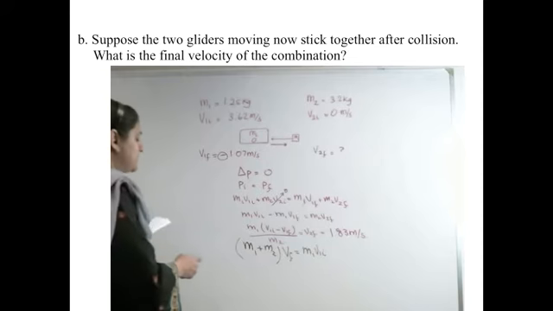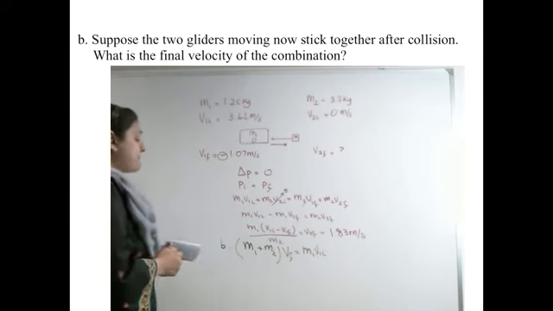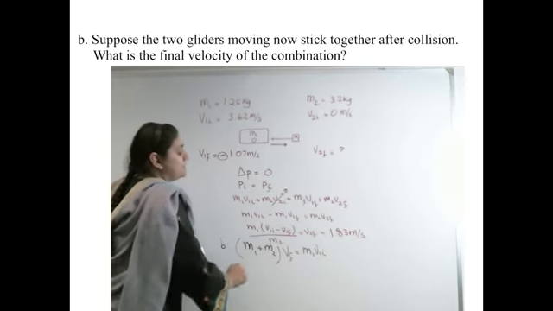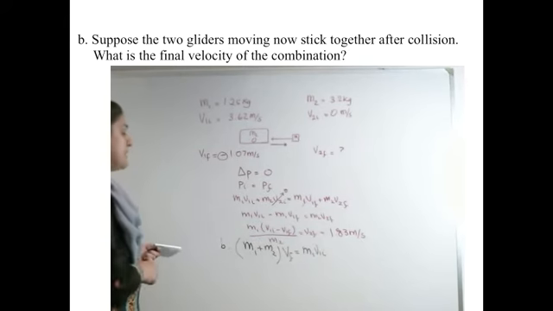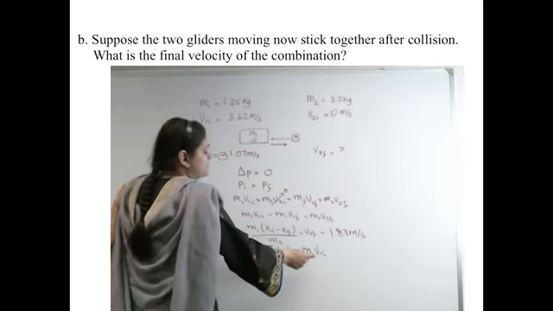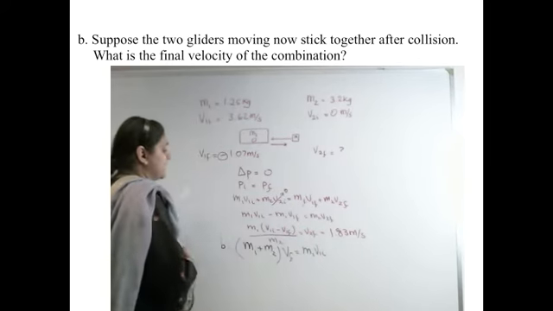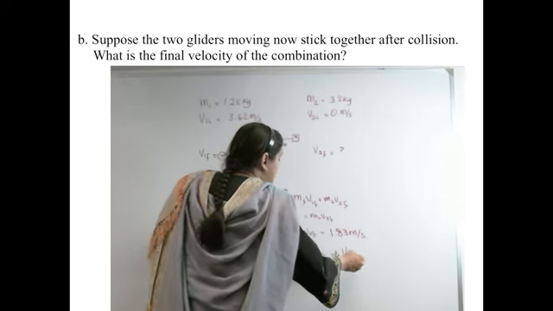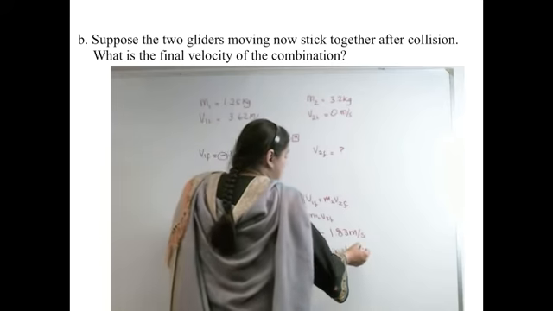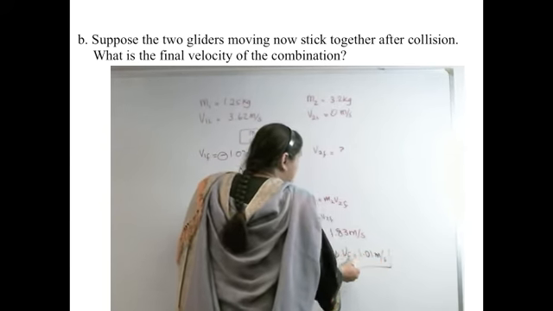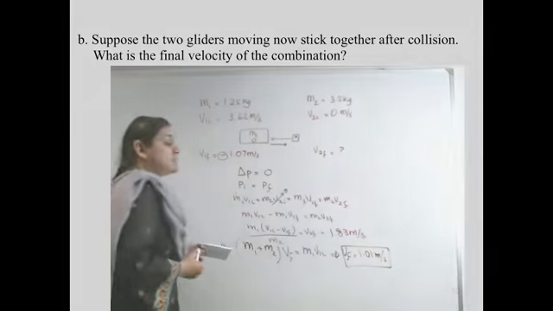Do you see how that one works for part B? Because they're going to stick together at the end, I will only have one velocity coming out. And all I have to do now is plug in the numbers for m1, m2, m1, and v1i. And I can calculate v final for this case. And my v final comes out to be that. But please make sure that you check it.